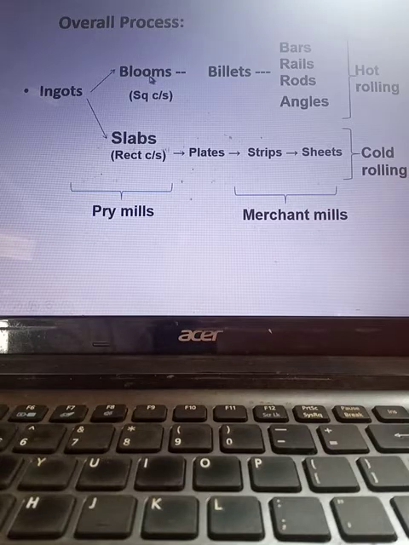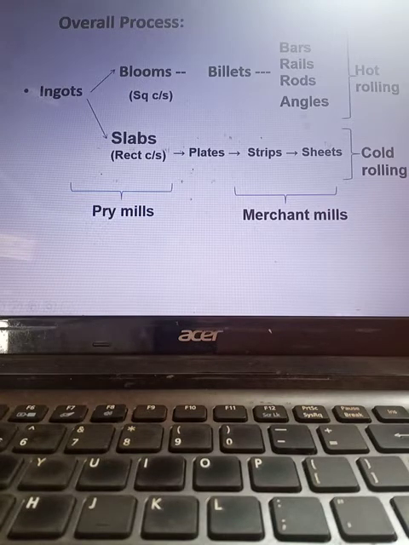Whereas from blooms and from slabs, the application ready items are made in the factories or mills called merchant mills. So this process goes on in the primary mills, and this process in the merchant mills. That is the overall process of the steel mill or rolling mill, from ingots to the ready to use forms.